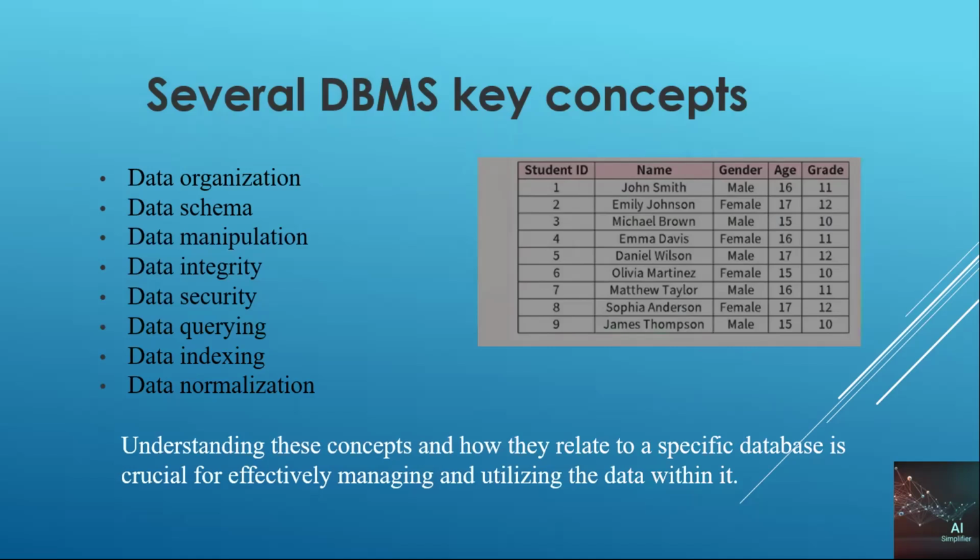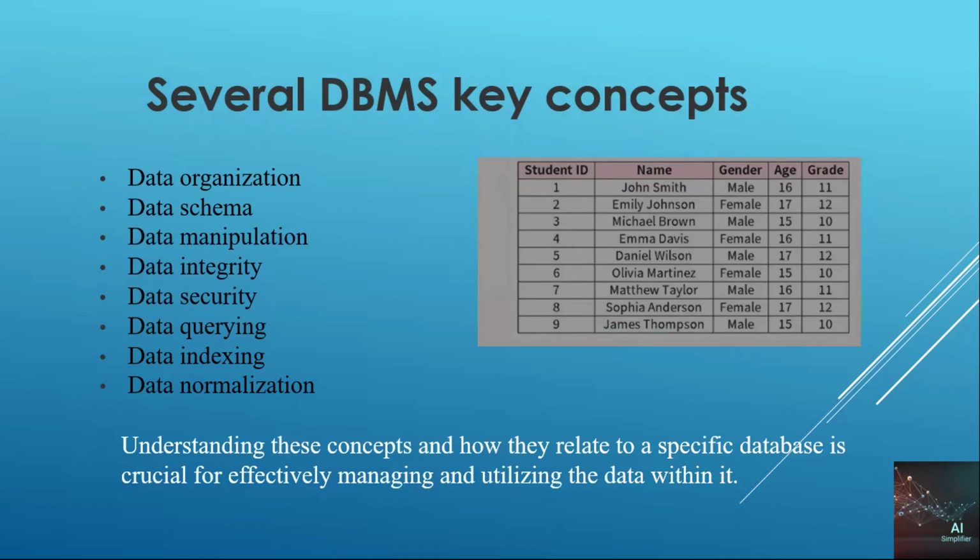Now, suppose I am going to store the class data in a particular table. How will this table look? Suppose this is a table where I'm storing data of students, and the first column will be student ID, second the name, then the gender, then the age and the grade of the student, then the address, the email ID, phone number, and so on.